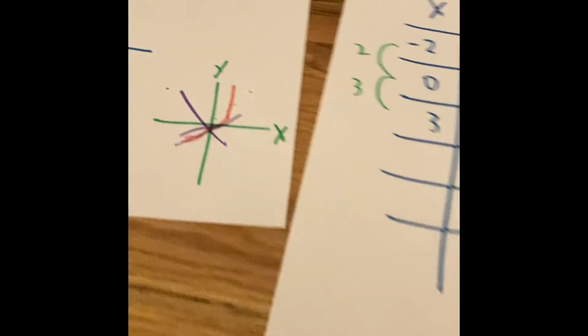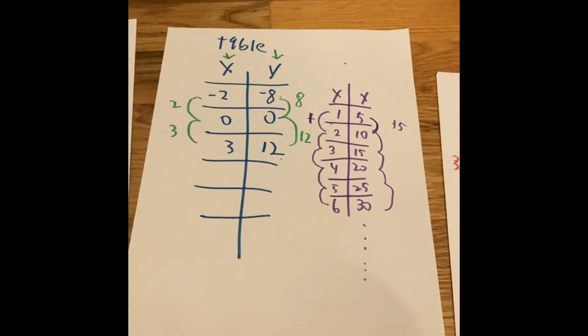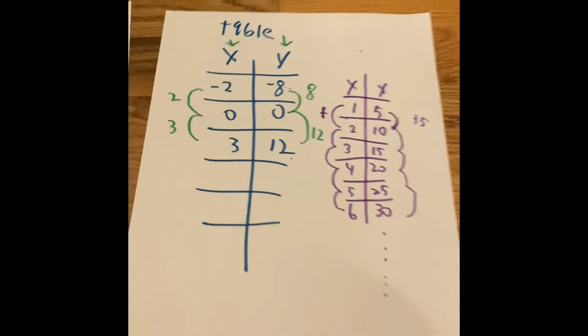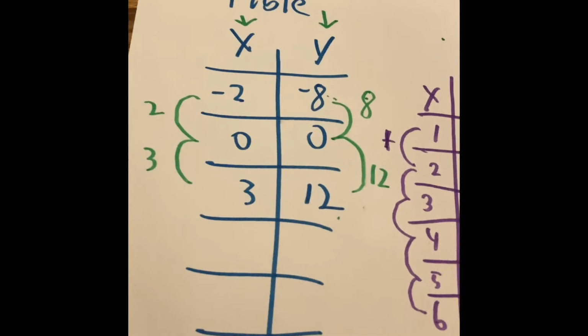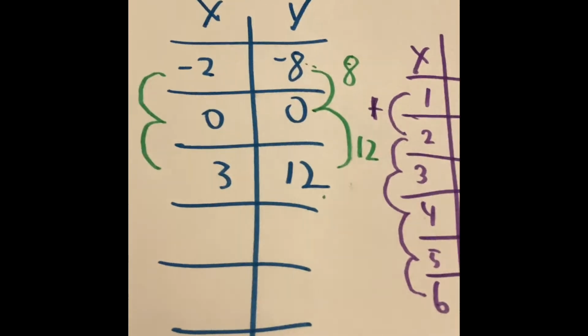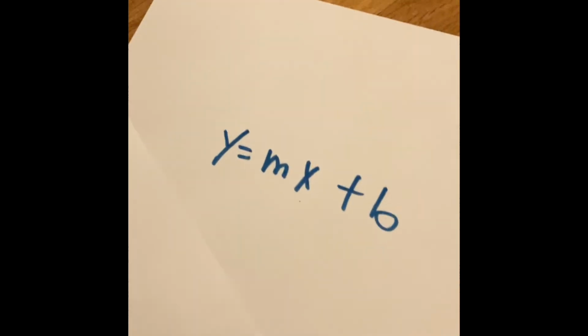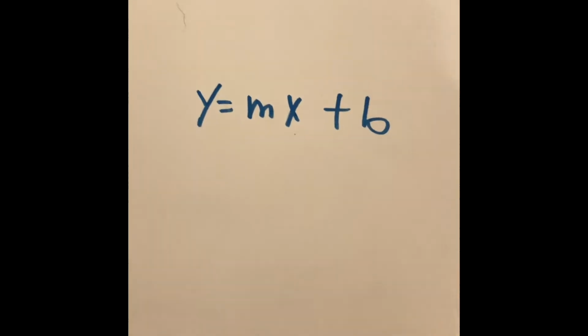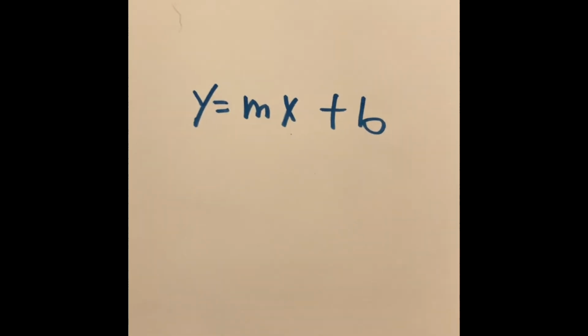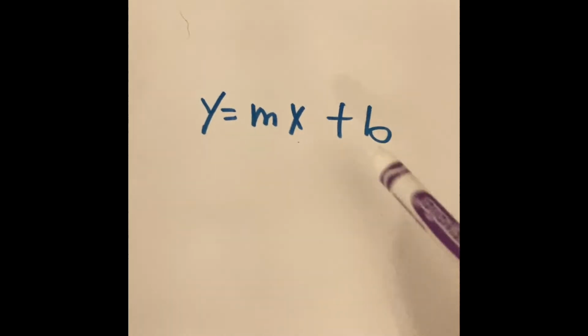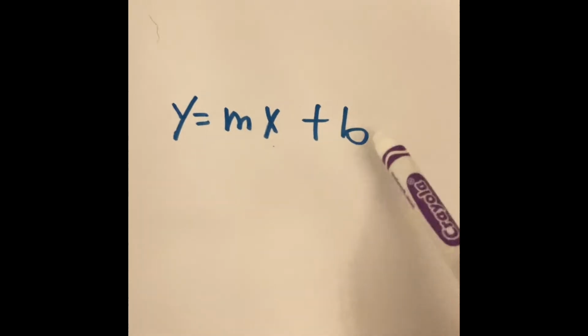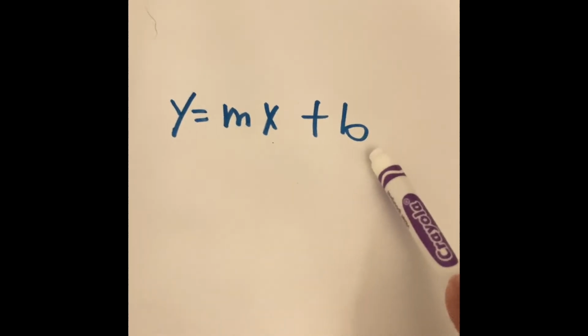So, we have now learned how to find the rate of change for a ratio table. Let's move on to an equation. When you're looking at an equation and you want to find out if it's a linear function, these are a big giveaway.